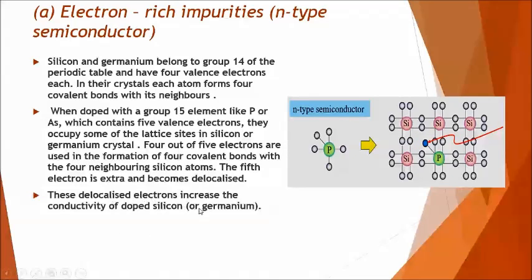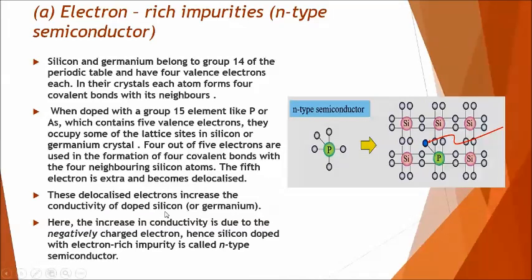So these delocalized electrons increase the conductivity of doped silicon or germanium. Here, the increase in conductivity is due to the negatively charged electron, and hence silicon doped with an electron-rich impurity is named an N-type semiconductor.